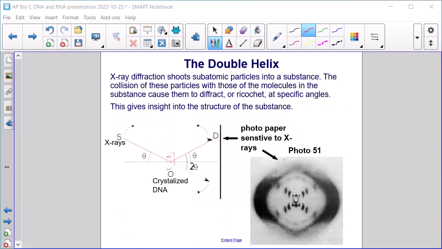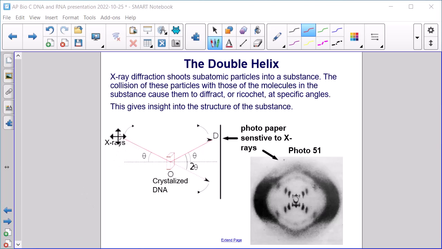X-ray diffraction shoots subatomic particles into a substance. The collision of these particles with those of the molecules in the substance cause them to diffract or ricochet at specific angles. This gives insight into the structure of the substance.